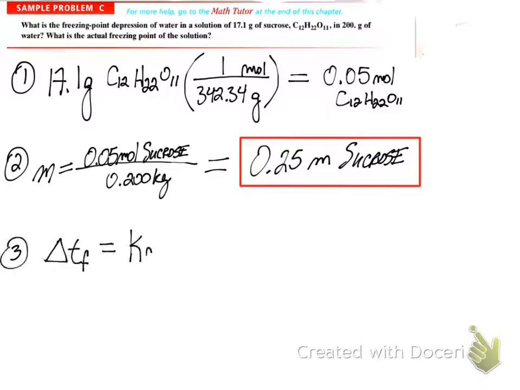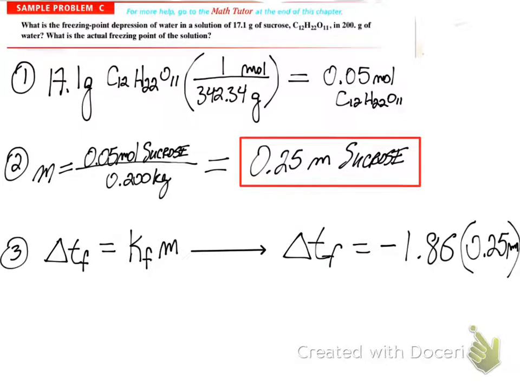So our third step then is to actually use the new formula to figure out the actual freezing point depression, which is change in temperature of freezing equals the freezing point constant times the molality of the solution.